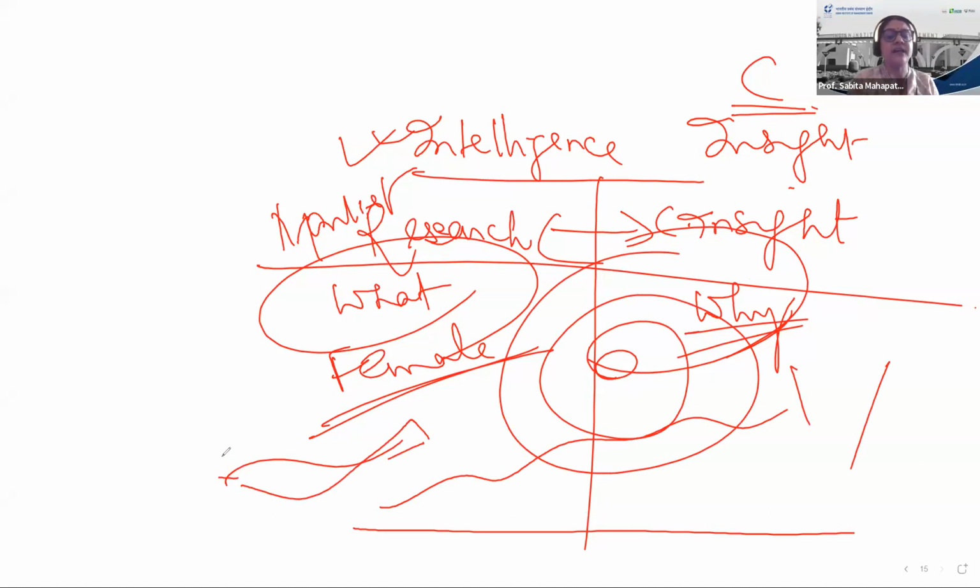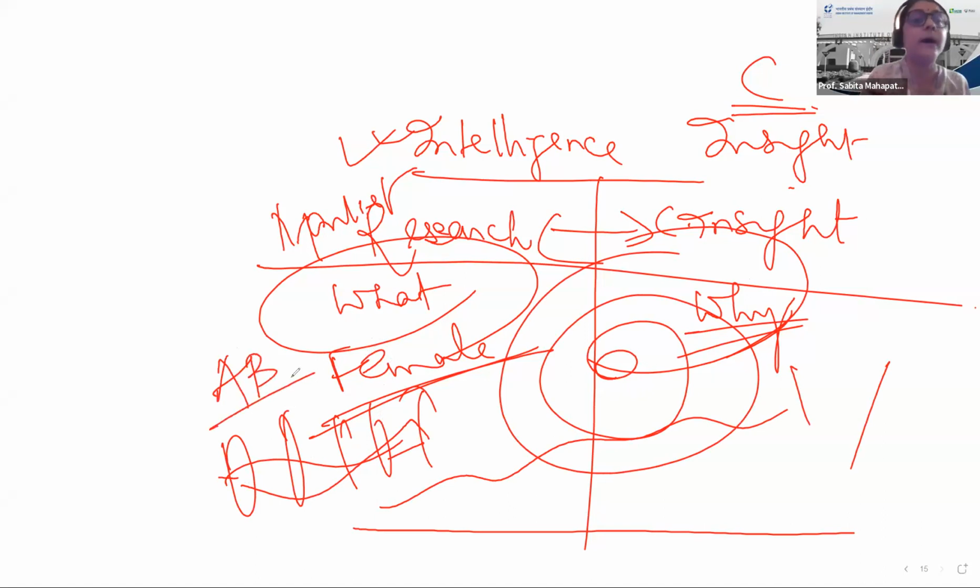You need to understand the phases of the journey and try to gather the data and the information, which is market research. What is the pain point? How people go, how people behave, why do they buy A, and after buying A, they buy B? All about what. But when I'm concentrating on why, then it is about consumer insight.